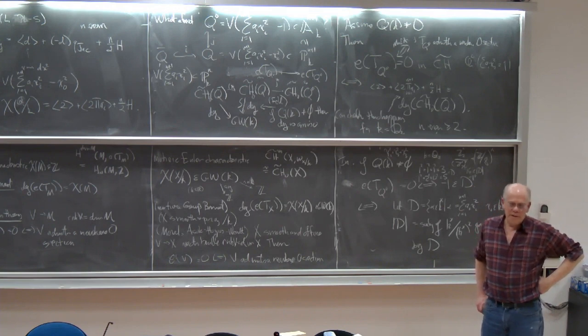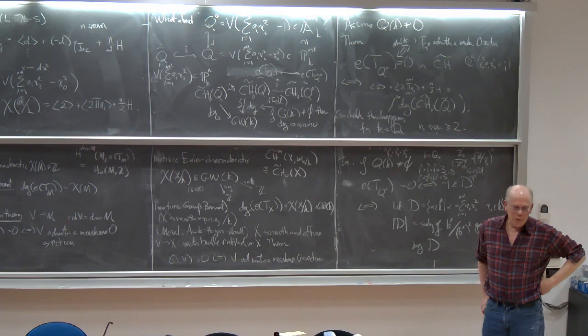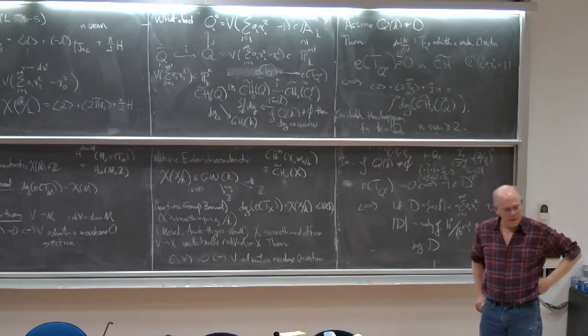But even then, I think I needed the degree to be prime to the characteristic. Of course, if m is 2 and the characteristic is 2, it's no longer smooth. I don't know how to make the computation if it's not diagonalized, not a generalized Fermat hypersurface. So, it's just something to do.